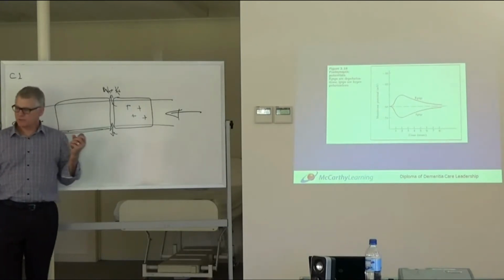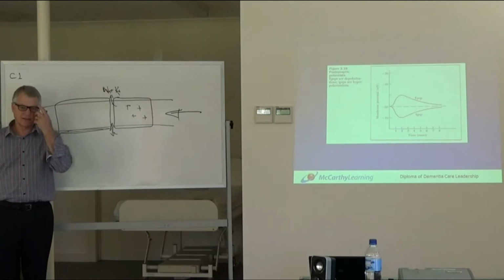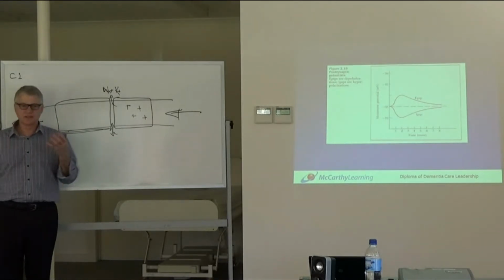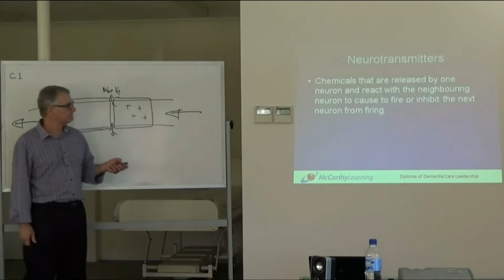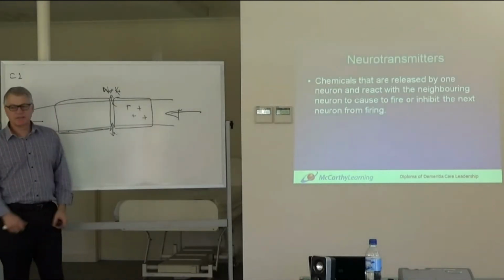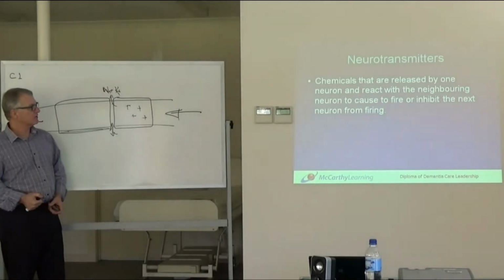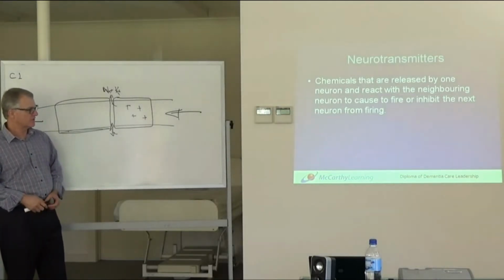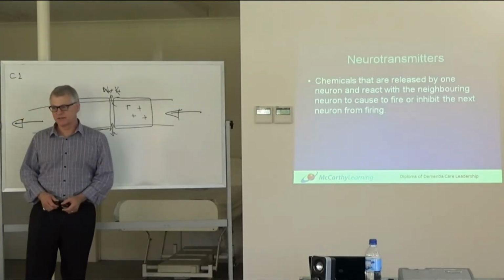This is particularly important when we think about the different types of neurotransmitters that there are: serotonin, glutamate, melatonin, acetylcholine. So let's have a look in detail at these neurotransmitters. These are the chemicals that are released by one neuron and react with the neighbouring neuron to cause it to fire or inhibit the next neuron from firing.